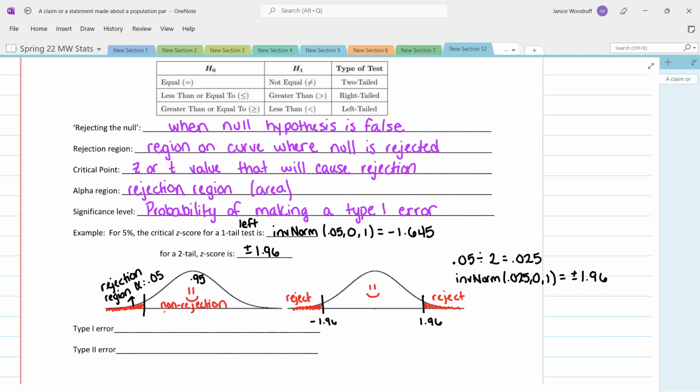We do have some errors that can occur. So you have a type 1 error, and that is when the null is true. Okay, so when the null is actually true, but it is rejected.